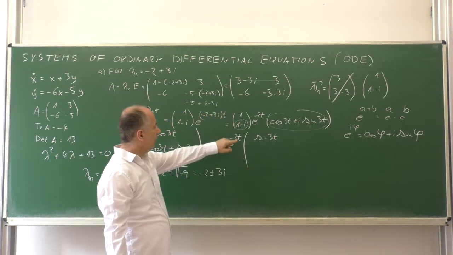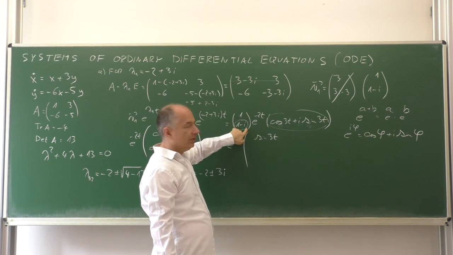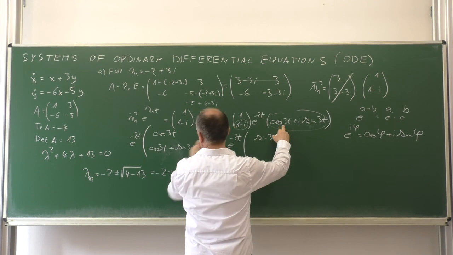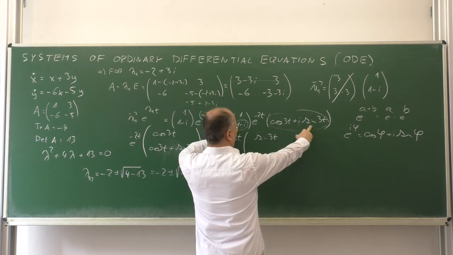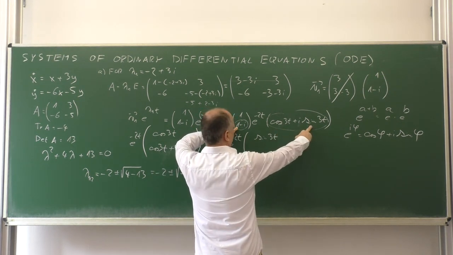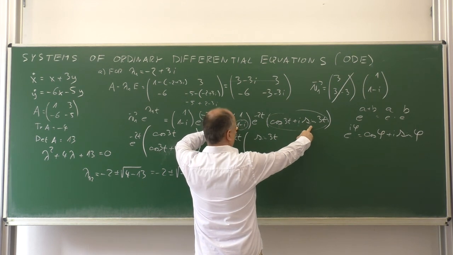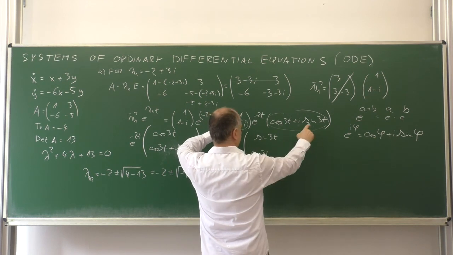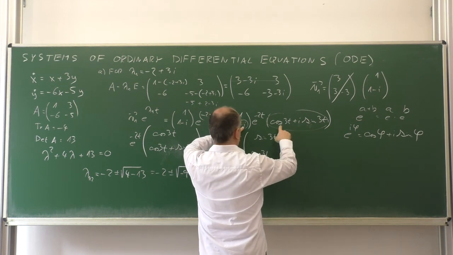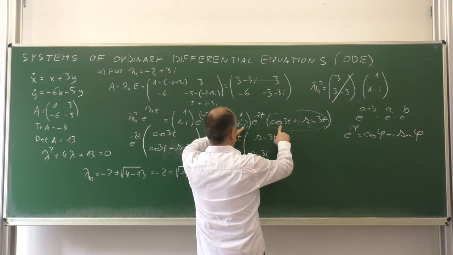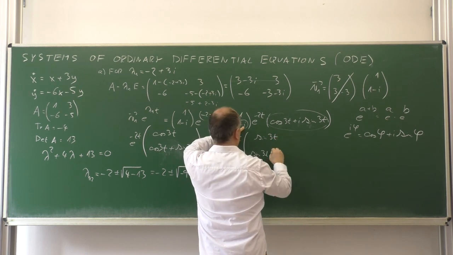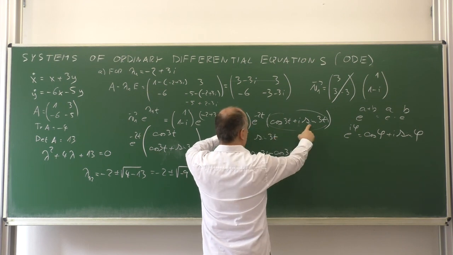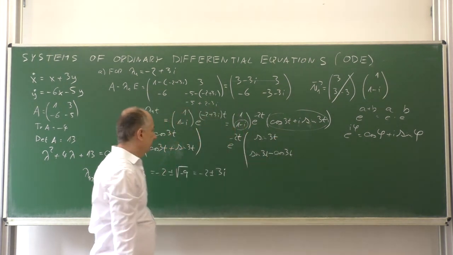And in the second component, when we multiply 1 minus i with this bracket, then 1 times cosine is real, that's already here. 1 times i sine gives the imaginary part, which is sine 3t, minus i times cosine gives the imaginary part, and that will be minus cosine of 3t, and this will give the real part, which is already here.